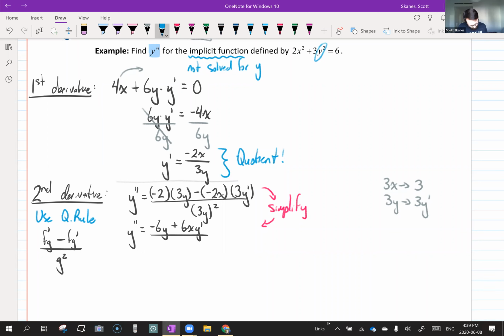Well, if you're very careful, you square everything inside, square the 3, square the y. We can only do this for monomials. If the bracket has one term inside, it doesn't work for any other case. 9y squared. So students feel like they're done at this point, but we have one more step.